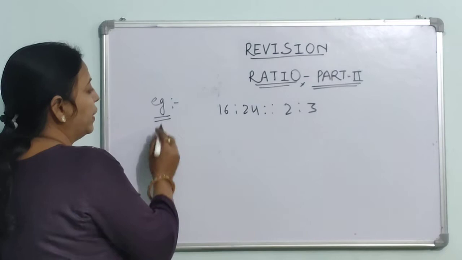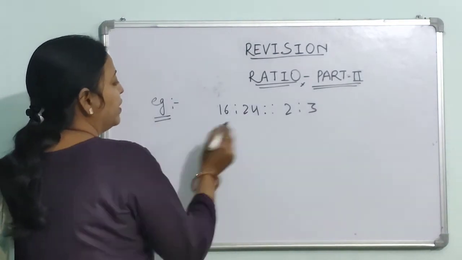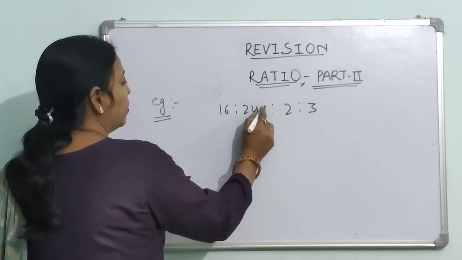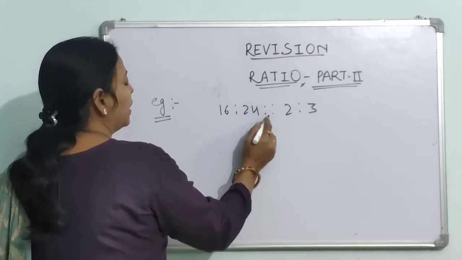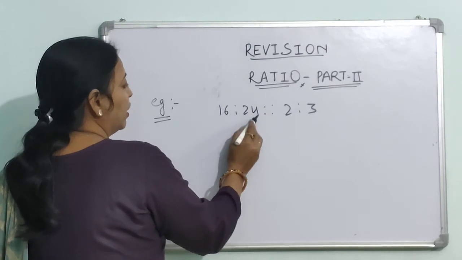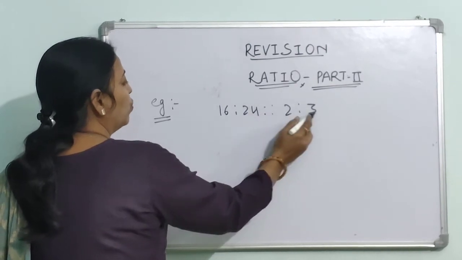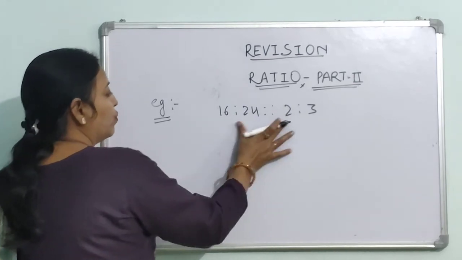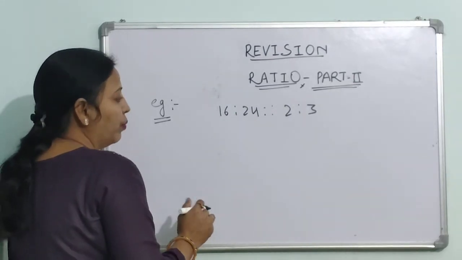First example: here four quantities are given. 16 is to 24, and this symbol, the four dots, stands for proportion. So 16 is to 24 is in proportion with 2 is to 3. You have to verify this. How can you say that these four quantities are in proportion?